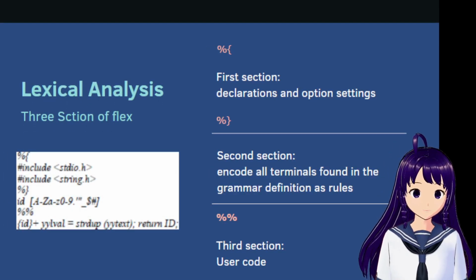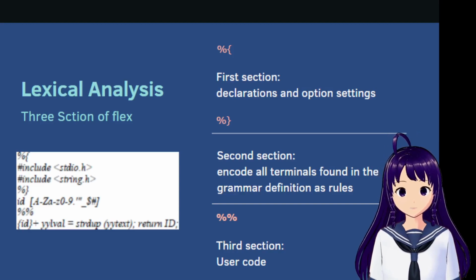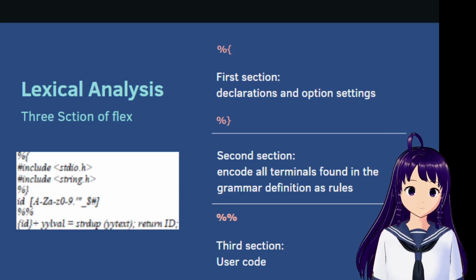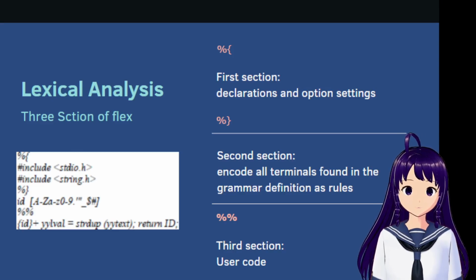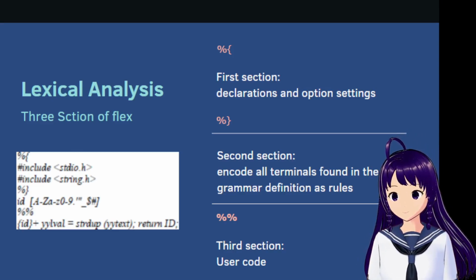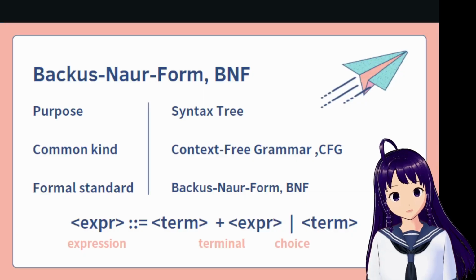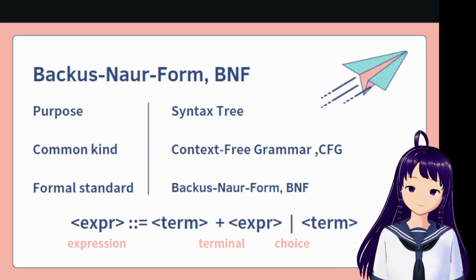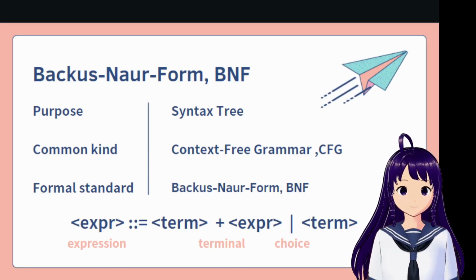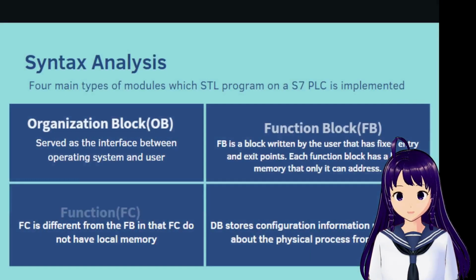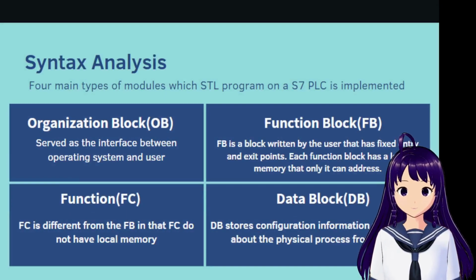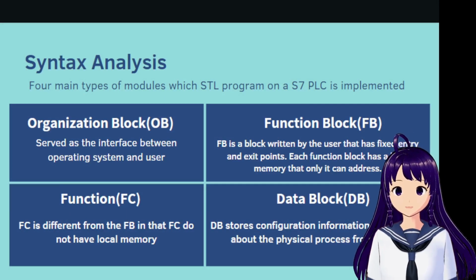For lexical analysis, it has 3 sections as shown, and they will be separated with 2 percent signs. BNF is a popular standard for syntax trees. Syntax analysis, there are 4 main types of modules to use.